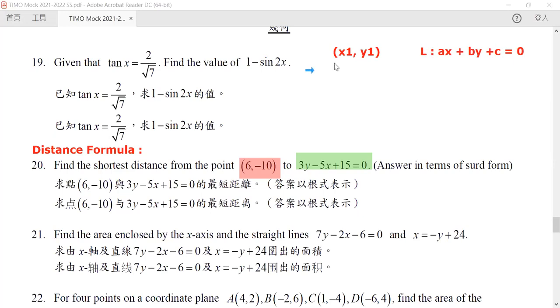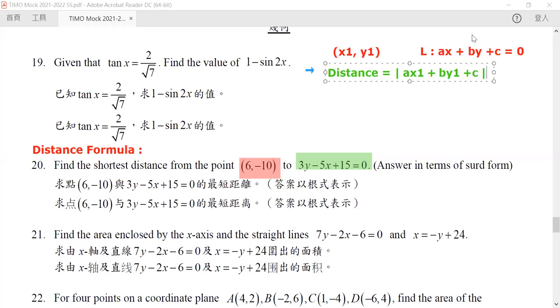The distance is given by this formula. The distance will be equal to the absolute value of ax1 plus by1, so we substitute x1 into x and y1 into y, and then add c.